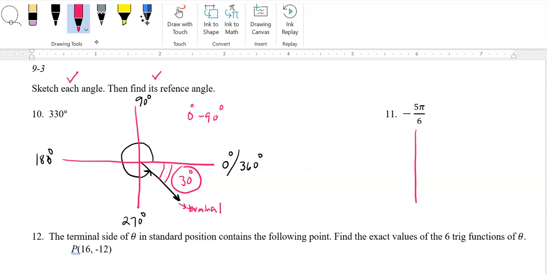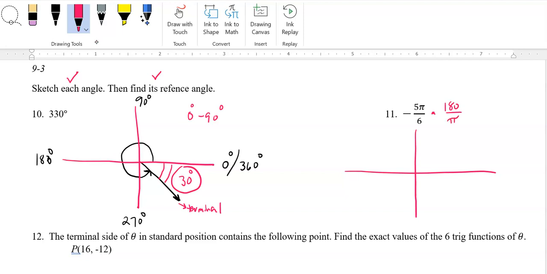All right, let's do one that's in radians. And I know some people are struggling a little bit with radians because it's a new concept. But if it helps, I want your final answer to be given in radians, but if it helps to turn this temporarily into degrees, then by all means, go ahead and do that.